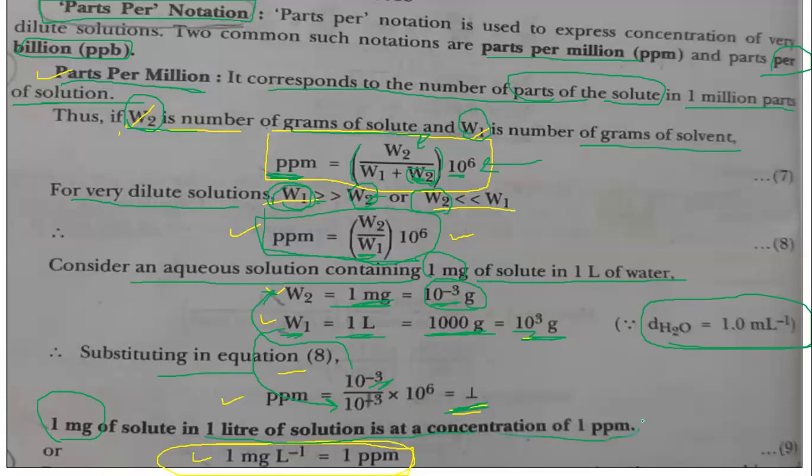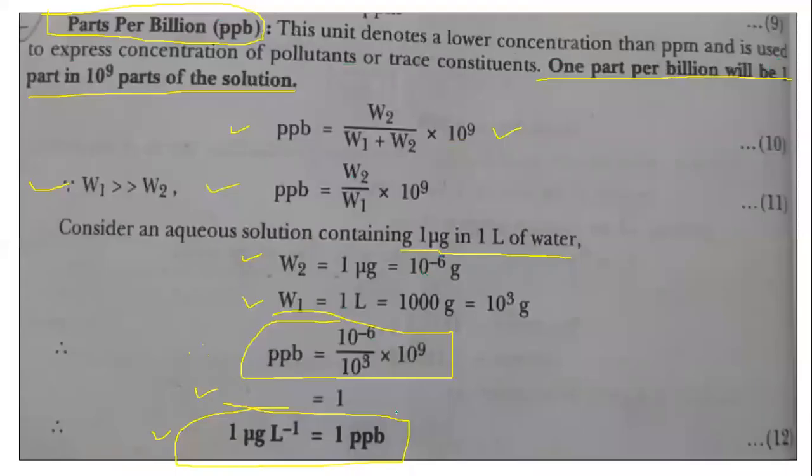This concentration you may call a 1 ppm. See, 1 mg of solute per liter of solution is 1 ppm. Right, now see, part per billion.